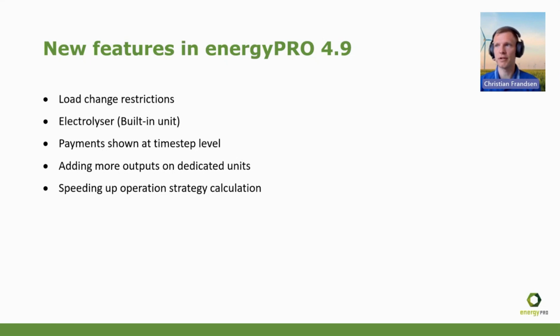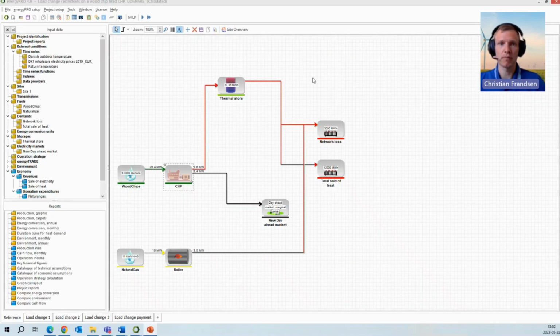the operational strategy calculations. First, I'll jump into energyPRO and talk about these load change restrictions. So far in energyPRO, we have had the option of trying to minimize load fluctuations by putting a minimum operation time on units.